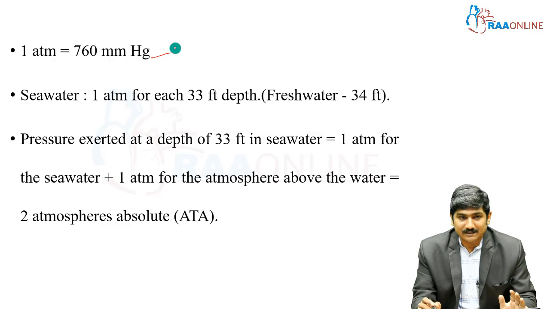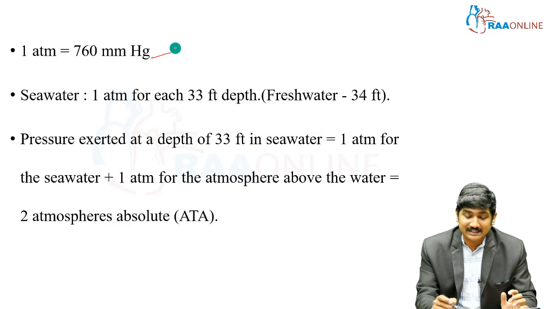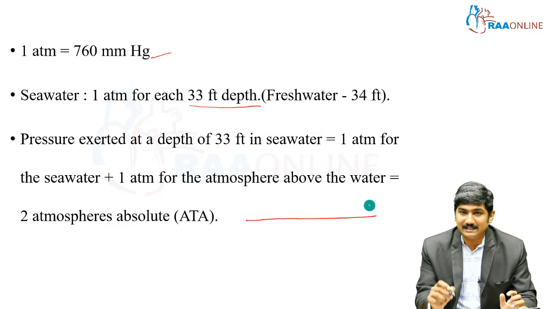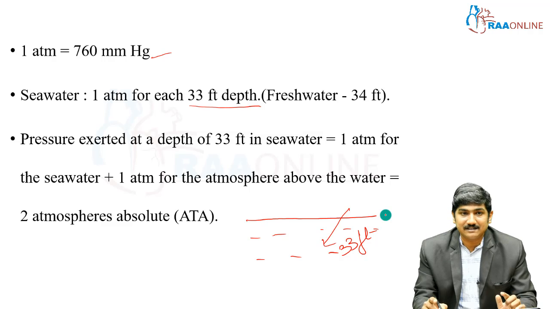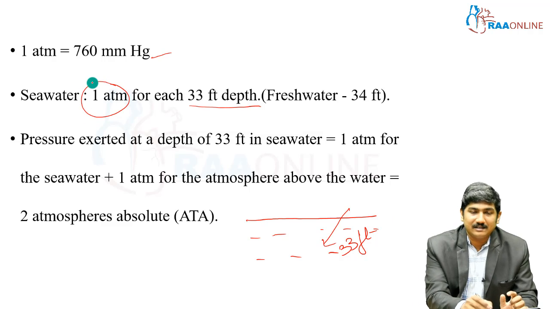If the candidate is a diver in seawater, 1 atmosphere of pressure will increase for every 33 feet of depth he goes. This is the mean sea level, and the diver dives inside. For every 33 feet, the pressure increases by an extra 1 atmosphere.